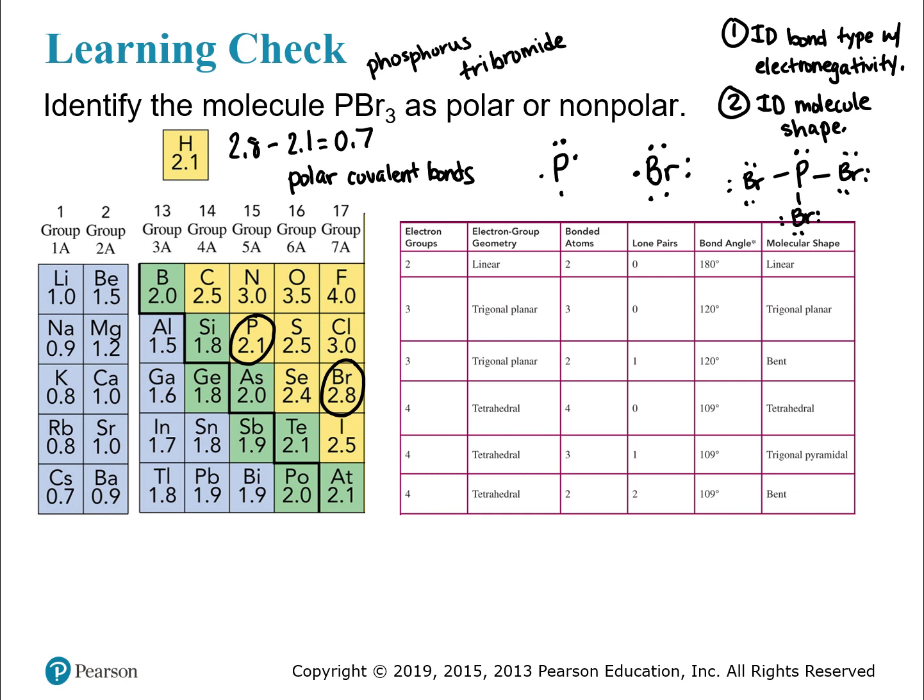I'm going to pause here. Are there any questions about figuring out the difference in electronegativity or how to draw the Lewis structure for a molecule? Because those are the two things that we just did.